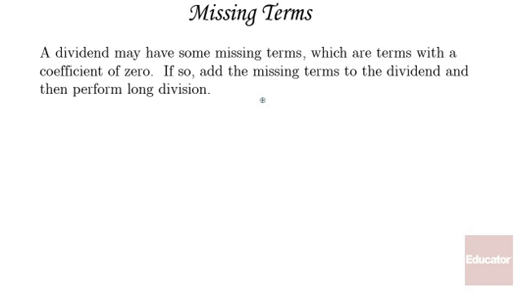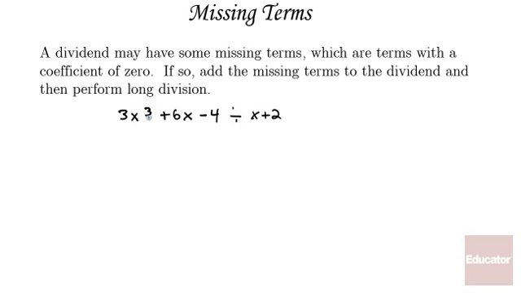What we mean by missing terms is, let's say you were asked to divide 3x cubed plus 6x minus 4 by x plus 2. When you write out the polynomial with the x variables in descending order according to their powers, you can see if you have missing terms.